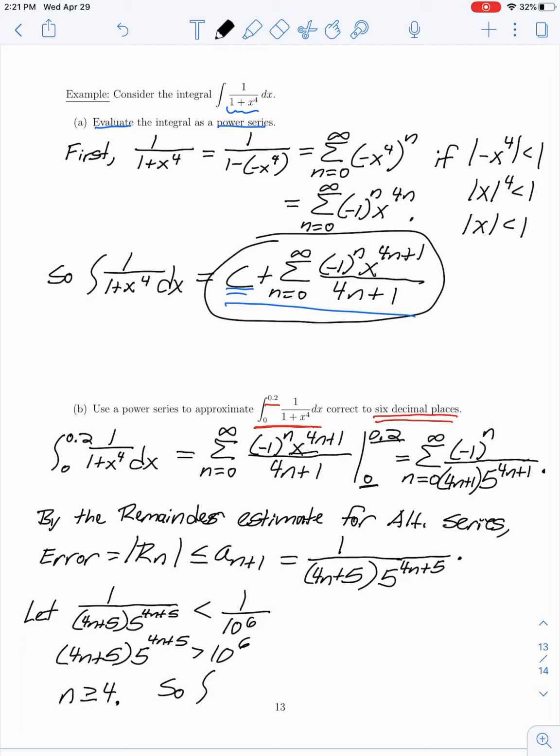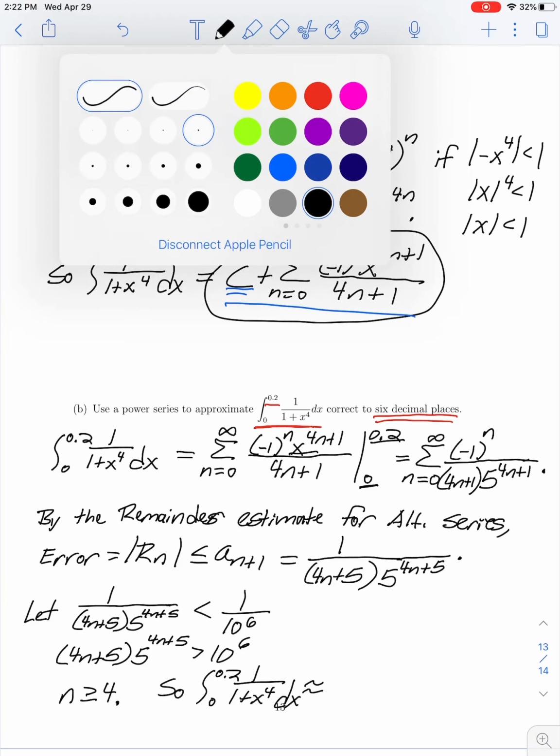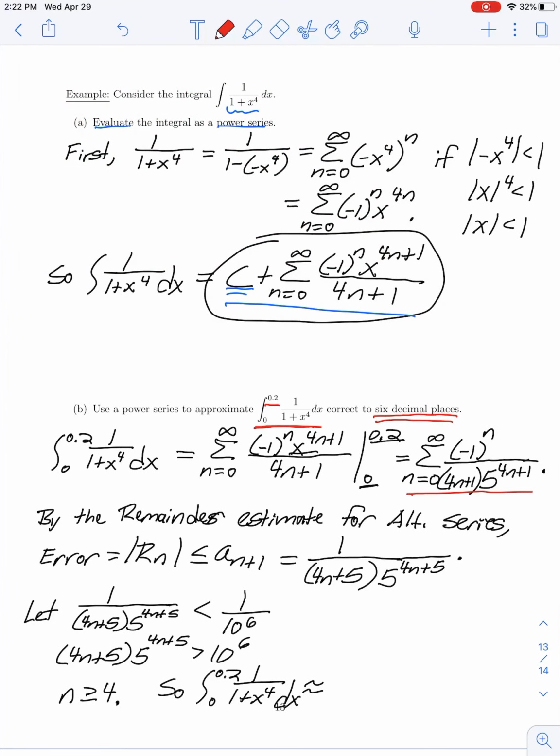So what we find then is that this integral of interest can be approximated by the sum of the first several terms up through n equals 4. So looking at the series that we have here for that definite integral, to approximate the sum to within 6 decimal places, we start by adding the term where n equals 0. So we would have a 1 over 5.